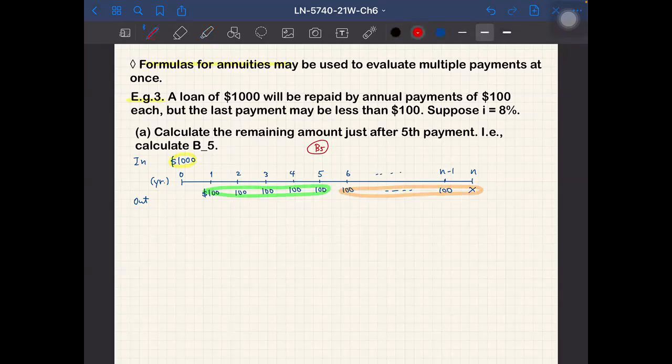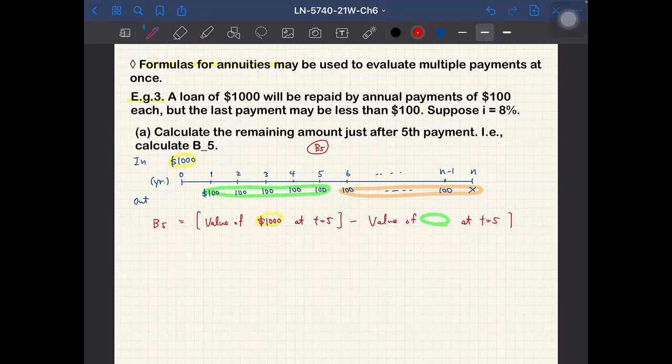Then what is B5? B5 is the value of this $1,000 cash inflow at t equal to 5, minus the value of these green payments, again at t equal to 5.